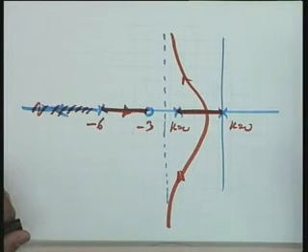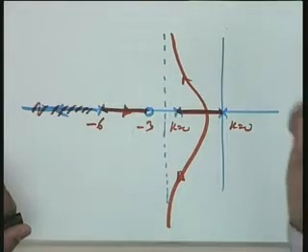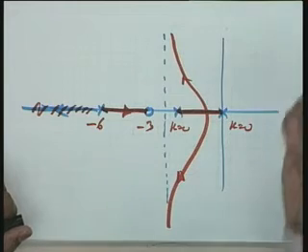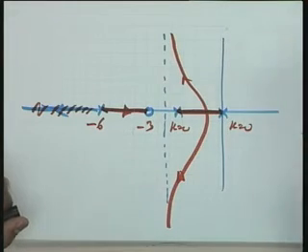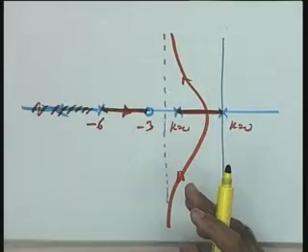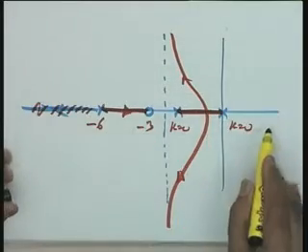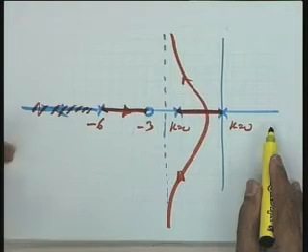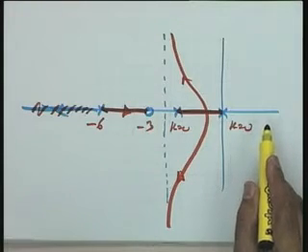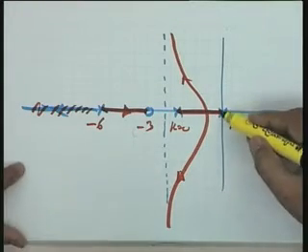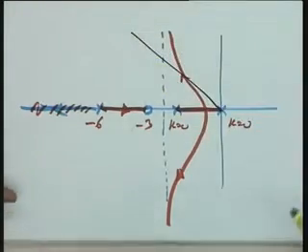Because after all, what is a proportional derivative controller? A proportional derivative controller gives you a 0 in the forward path transfer function of the system. So the proportional derivative controller has now equivalently been translated into a 0 in this particular root locus sketch.